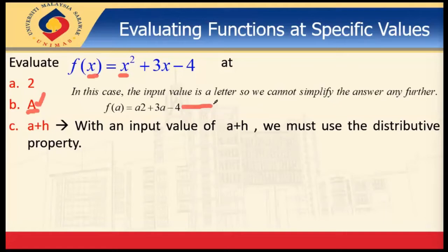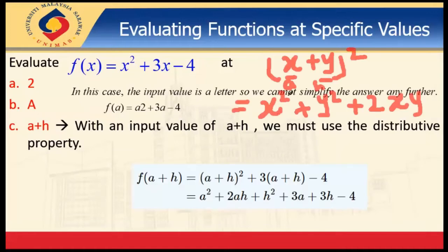We cannot solve this further because the input is given as a variable, as a is not a constant value that we could simplify until the last value. So we cannot simplify further. The answer will be the same: a square plus 3a minus 4.